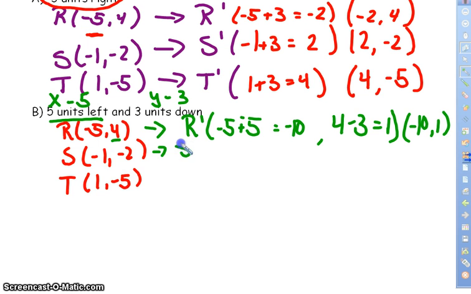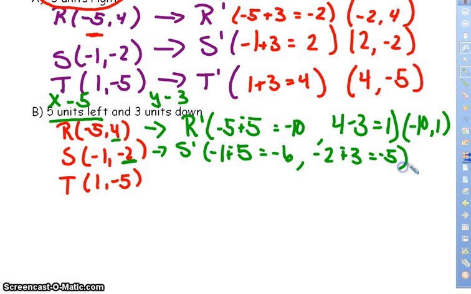For my S prime, I'm going to take my x value, which is -1, and subtract 5 from that. Remember, when you subtract 5, you add the opposite. So I get -6. Now I'm going to take my y value, which is -2, and I'm going to subtract 3 from that. I'm going to add the opposite, which is -5. So my new S prime becomes -6, -5.